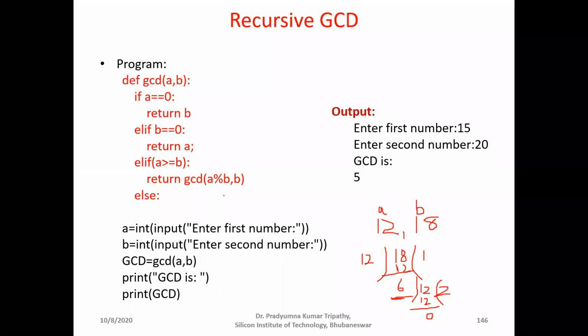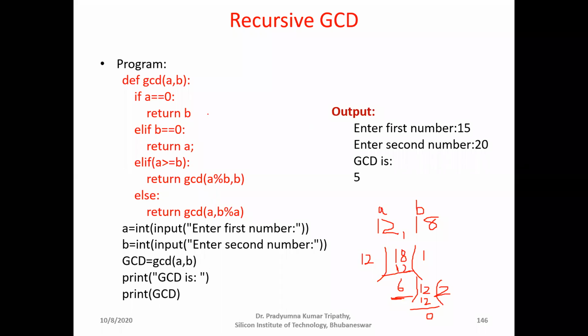But in our case, B is greater than A. So I will pass A and B modulo A. B modulo A is 6, so 12 and 6 are passed over here. Correct?